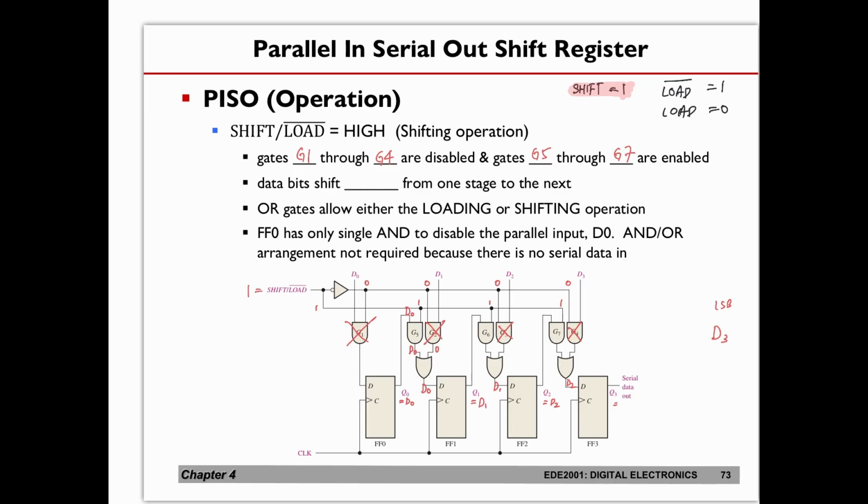So this will be D2 now. Then what do I have for flip-flop 2? At the rising edge, the Q2 output will be equal to D1. Then at the next clock cycle, the Q1 output will be equal to D0.